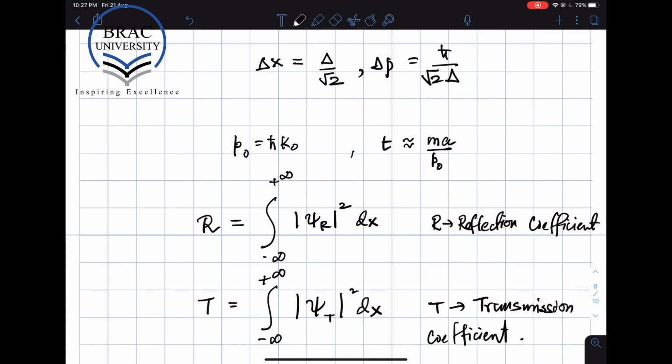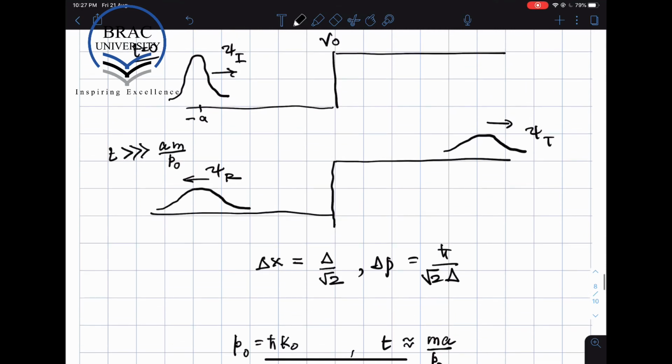So what does this mean physically? Physically, it means that even though the energy of the particle is greater than V naught, we'll find out there will be a non-zero probability that the particle will be reflected. And of course, there will be a non-zero probability that the particle would be transmitted.